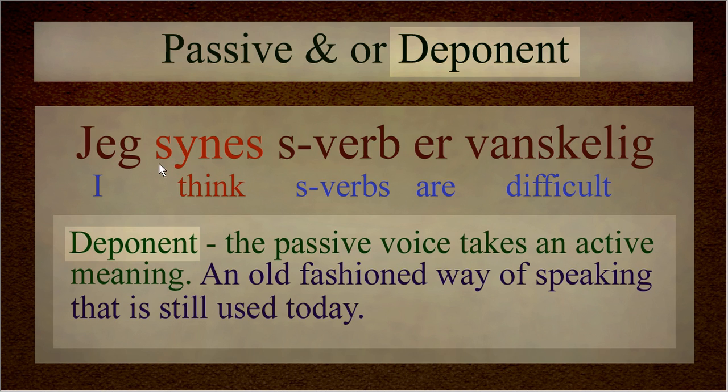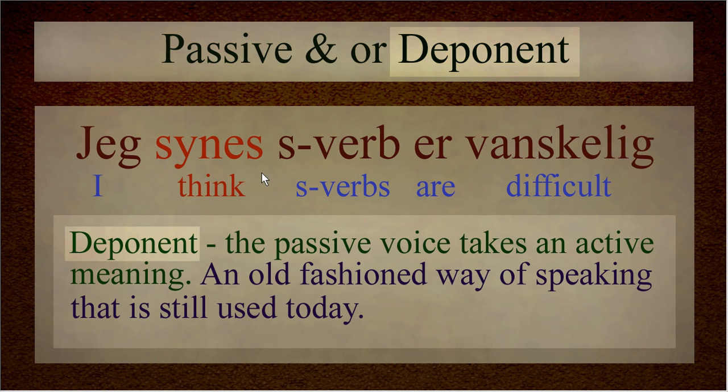But here, the verb synes actually means seem. And when you add seem to jeg, jeg synes, you're really getting seems to me is what that means. Seems to me, okay? And that's very passive, but it really flows well, and everybody understands what it means.